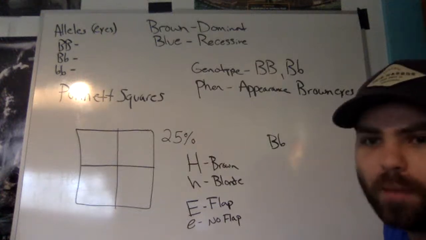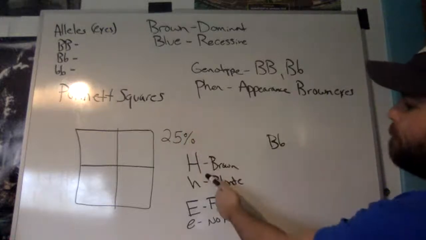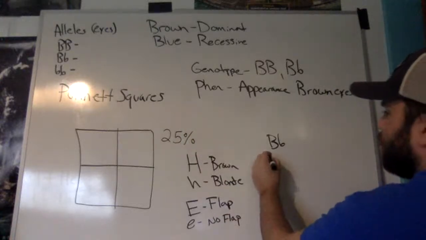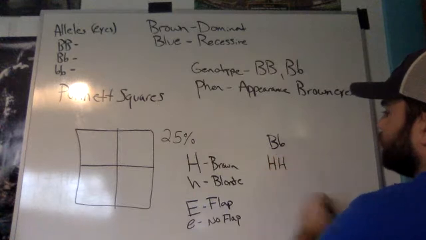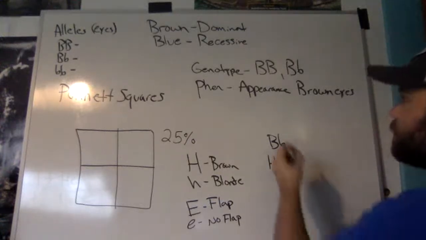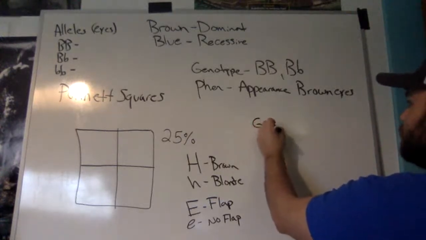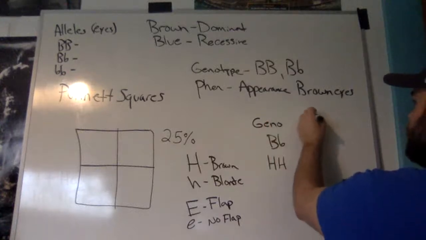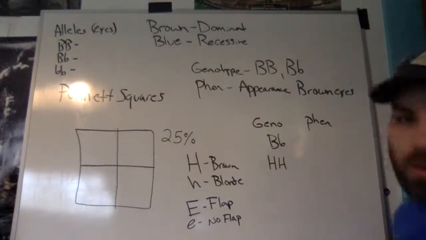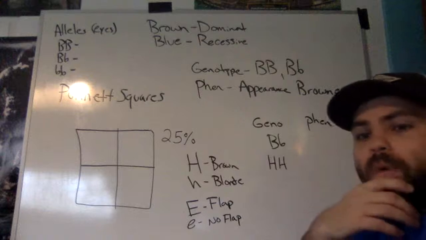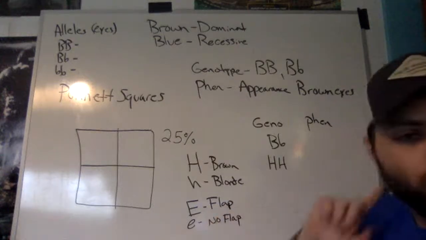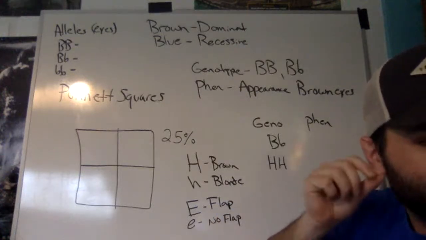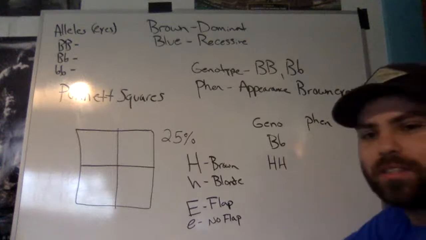Or I'm sorry, you have brown eyes or brown hair, right? So let's say you got both the dominant, capital H's, okay? So these are all your geno. And then we got your phen, okay? So, Brian, also, do you have earlobe flaps that hang, or are they connected to the side of your head?